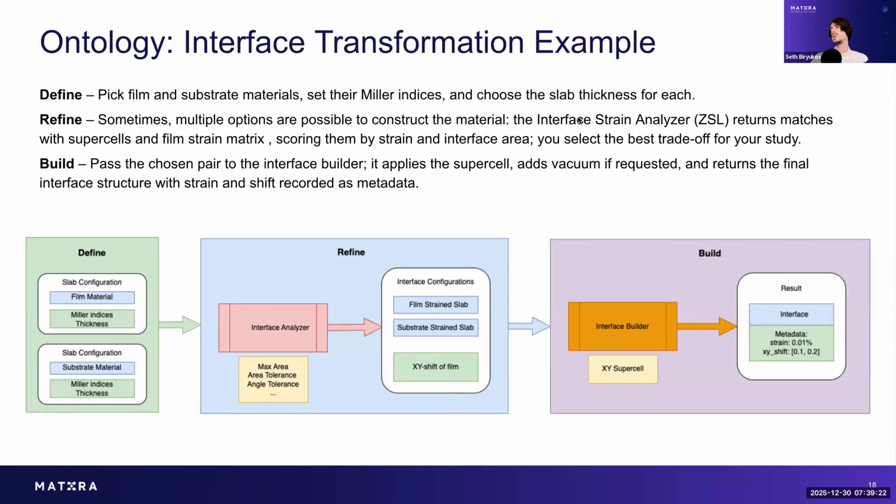For example, if you use interface strain analyzer with Zur and McGill ZSL, Zur and McGill superlattice algorithm, as a result, you get multiple interface configurations, and you can sort those by strain or size depending on what you need. And then you use interface builder to build the selected interface, and as a result, get the material with all the metadata about the transformations and how it was created, stored.